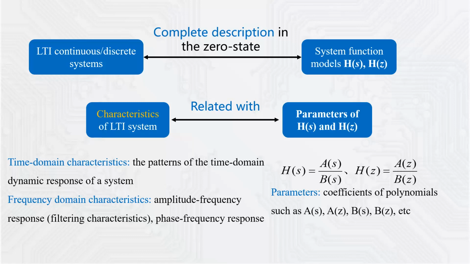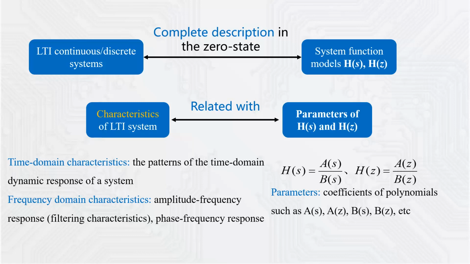For the characteristics of LTI system, we mainly focus on two aspects. One is time domain characteristics, which is the patterns of the system's dynamic response in time domain. The other is frequency domain characteristics, including amplitude frequency response and phase frequency response.